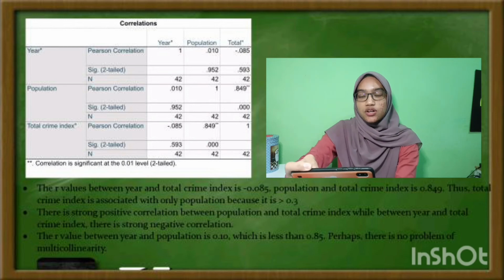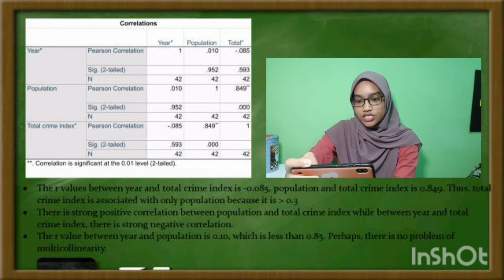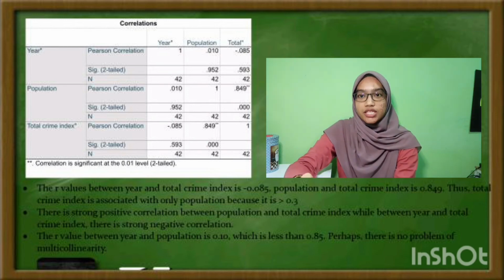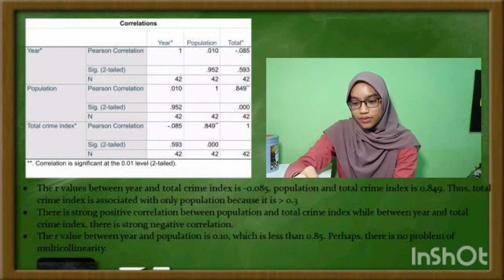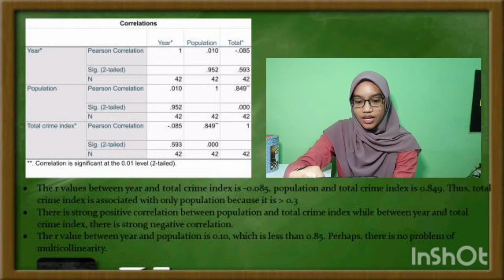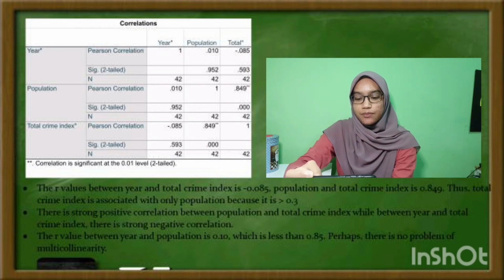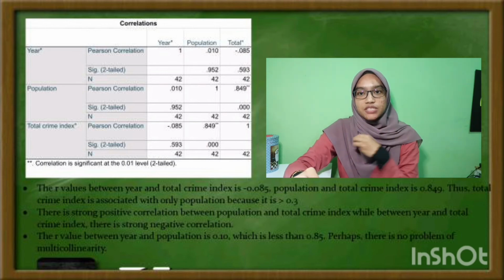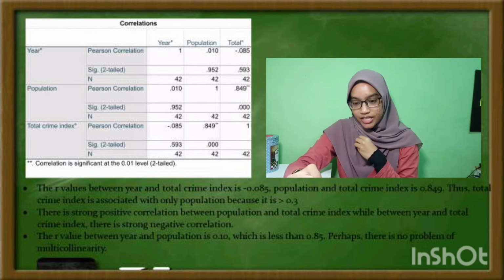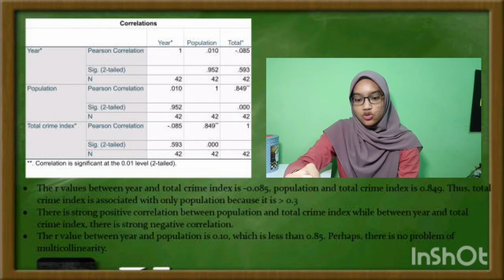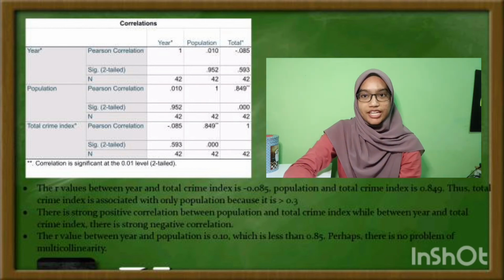There is a strong positive correlation between population and total crime index, while between year and total crime index there is a weak negative correlation. The R value between year and population is 0.1, which is less than 0.85, the benchmark of multicollinearity. Perhaps there is no problem of multicollinearity.